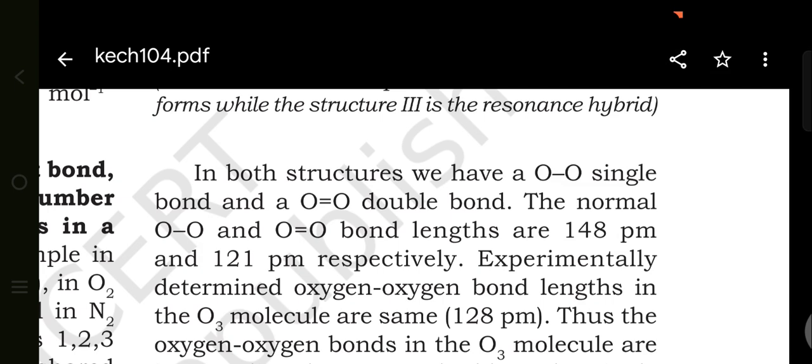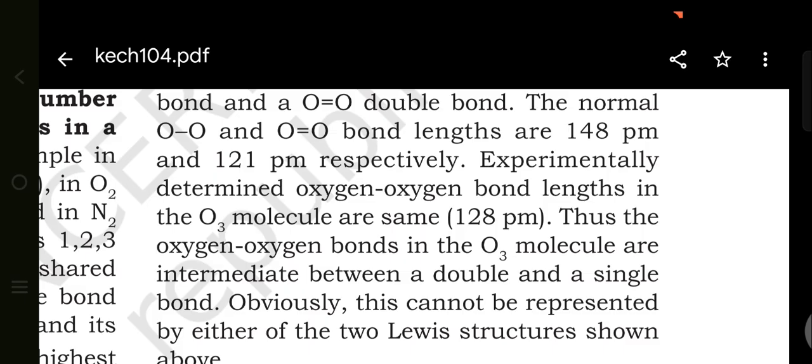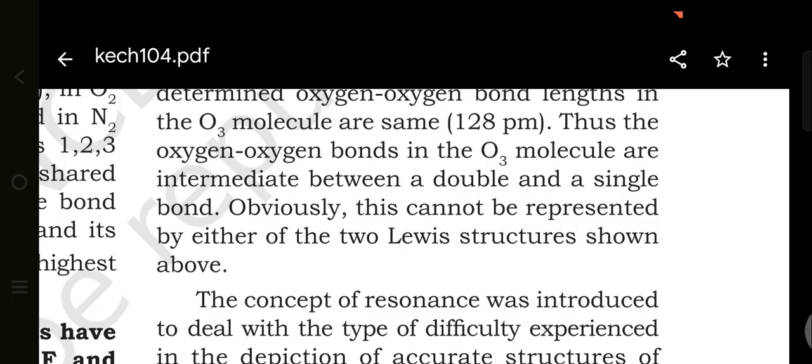The normal oxygen-oxygen single and double bond lengths are 148 picometer and 121 picometer respectively. Experimentally determined oxygen-oxygen bond lengths in the O3 molecule are the same, that is 128 picometer. Thus, the oxygen-oxygen bonds in the O3 molecule are intermediate between a double and a single bond. Obviously, this cannot be represented by either of the two Lewis structures shown above.